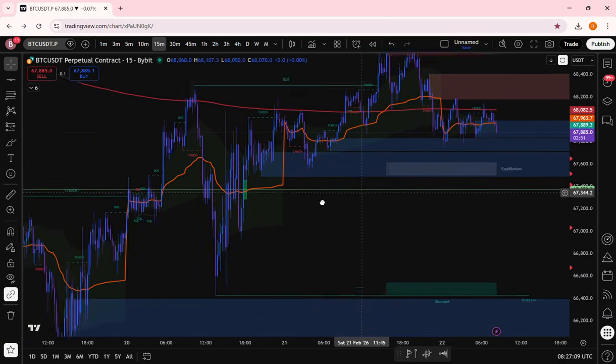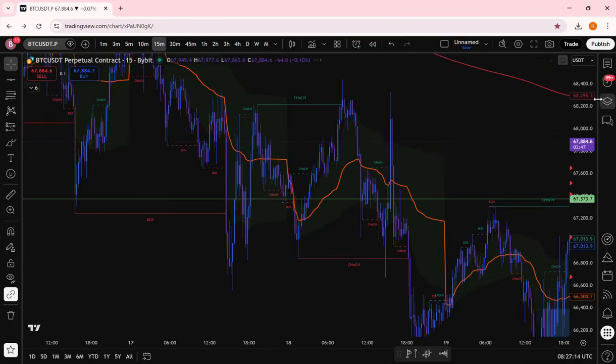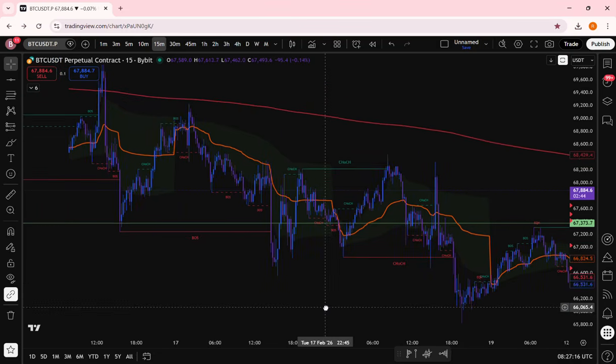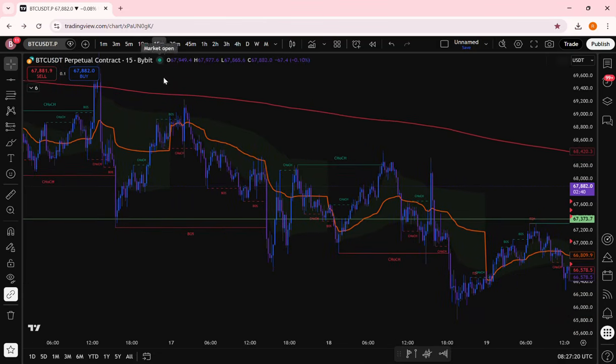And let's go to another example, let's say over here. We can see on the 15-minute time frame that there was a break of structure, meaning that the price came down and took out that low.